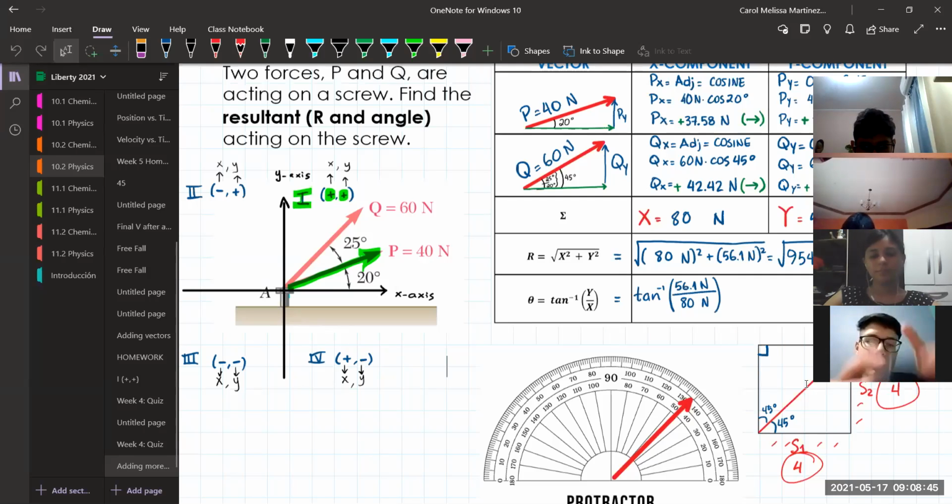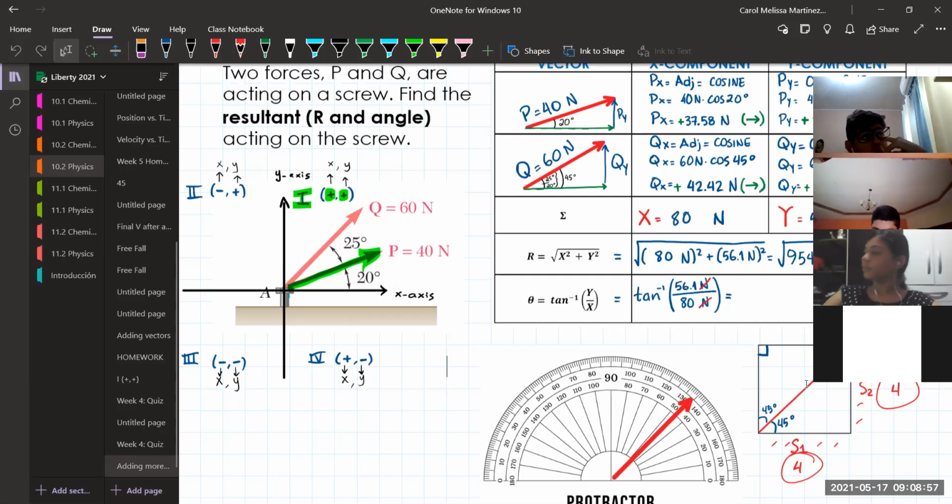You cancel Newtons with Newtons. How much does this give you? 35.04 degrees. With this, you finish your exercise.